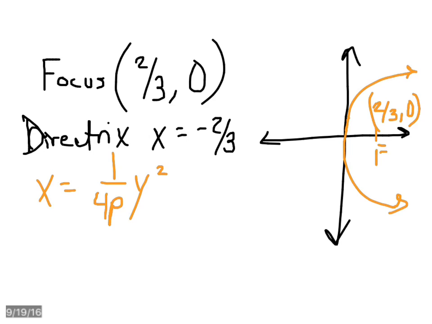Did I put the directrix on there yet? No. Guess what? Don't really need it, because I know that the vertex was at 0, 0 for this problem. So how far is it from the focus to the vertex? 2/3, right? So I'm going to put 1 over 4 times 2/3 y squared.